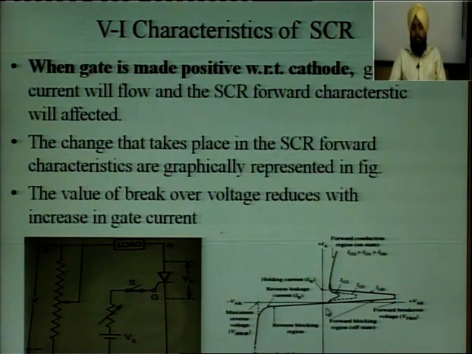First case is when gate current is 0. When gate current is 0, the SCR will exhibit the same characteristics that it exhibits in the case of gate circuit open.